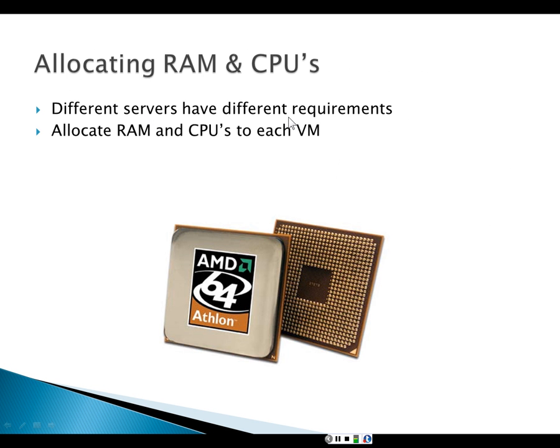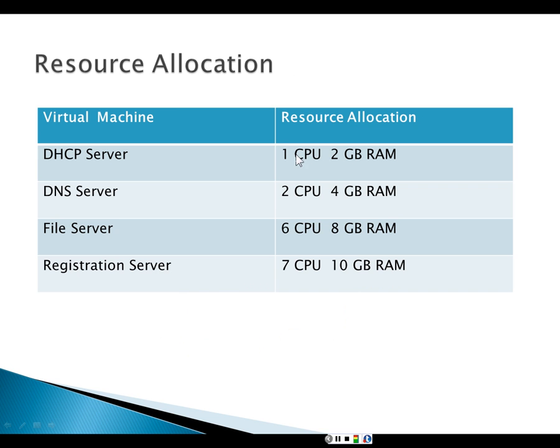Since different servers have different requirements, we can assign a different amount of RAM and a different number of CPUs to each virtual machine. We can assign 1 CPU and 2 gig of RAM to the DHCP server. We can assign 2 CPUs to the DNS server. We can assign 6 CPUs to the file server.